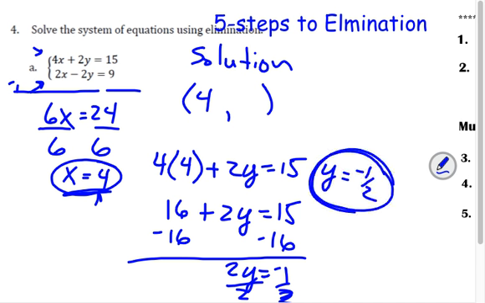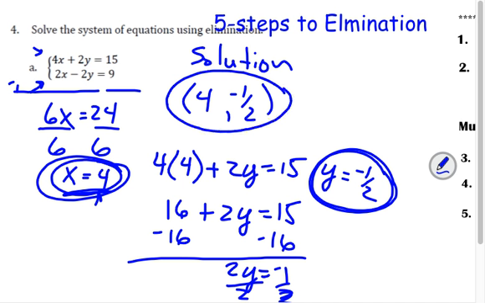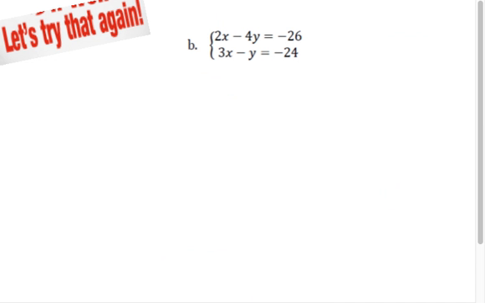Okay, you could write your answer like this, just circle both your answers. I'd rather have you write it as an ordered pair so I can find it nice and easily. These two lines will intersect at the point (4, negative 1/2). That's elimination.